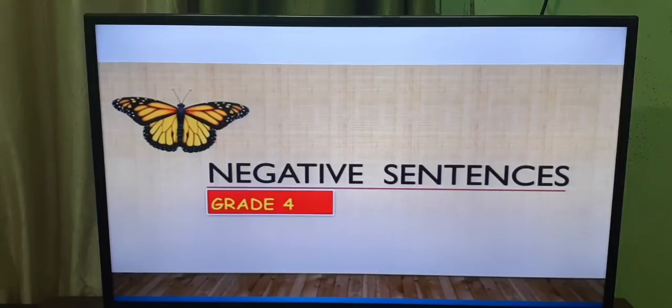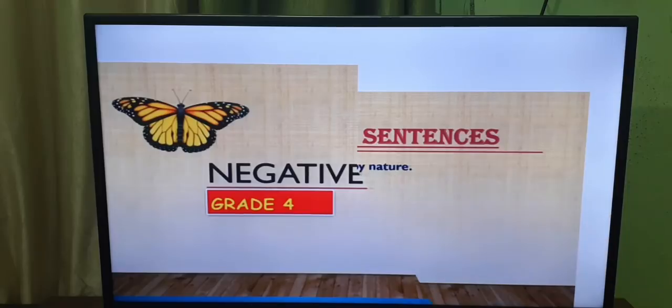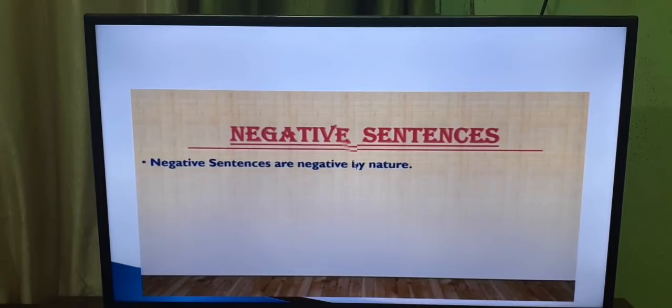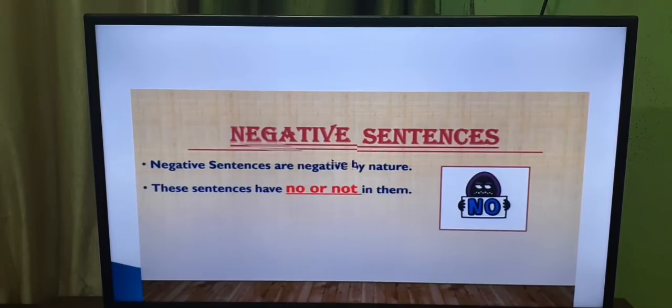And now, today, we are going to discuss negative sentences. Negative sentences are negative by nature. These sentences have no or not in them.